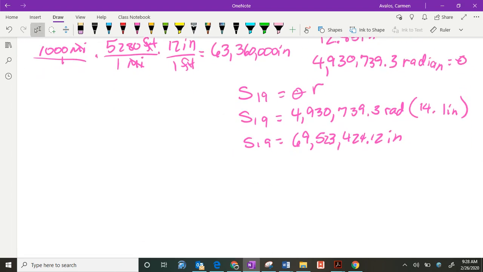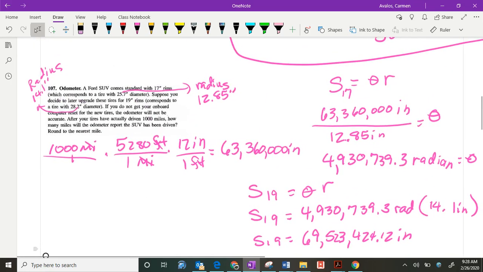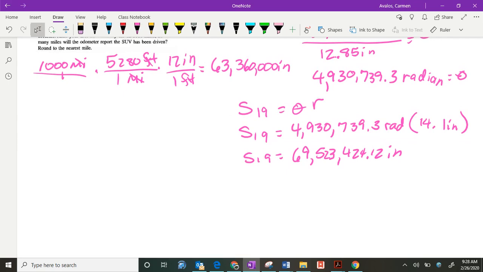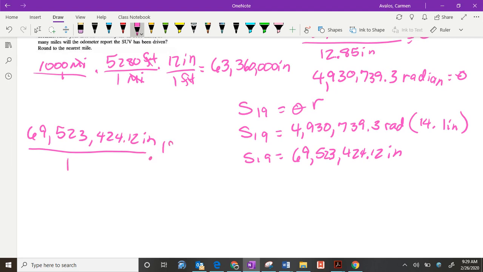So when we do this, we're going to convert that because I need to know how many miles were actually covered here. So this is how many inches. So I need to change the inches back to miles. So this is going to be 69,523,424.12 inches, and this is going to be over 1, and this is going to be times 1 foot is going to be 12 inches, and we're going to get 1 mile is going to be 5280 feet.